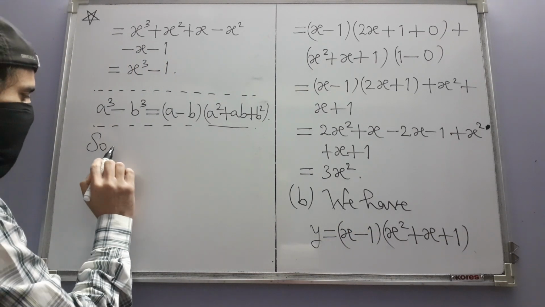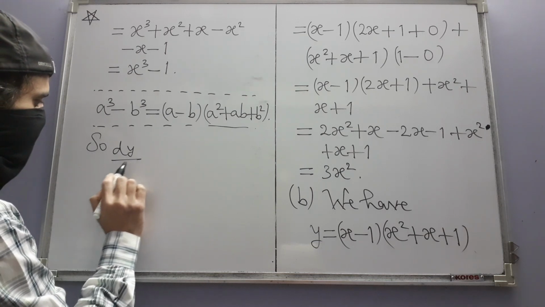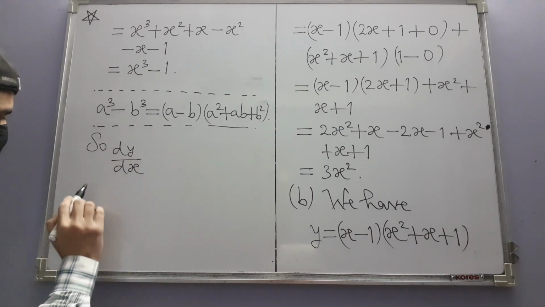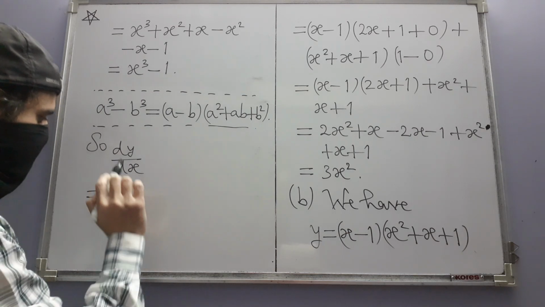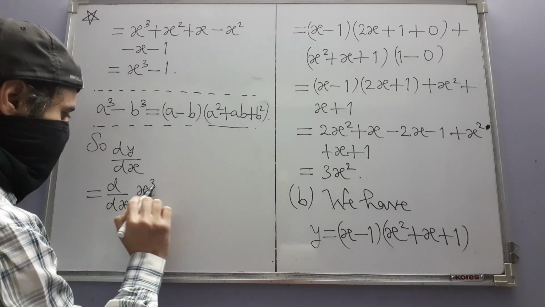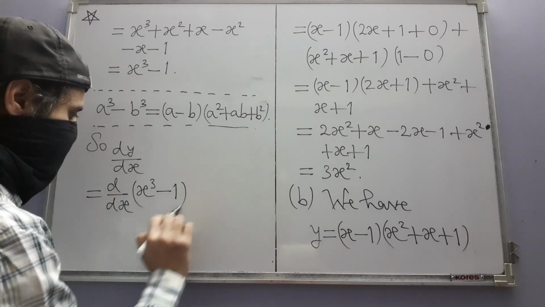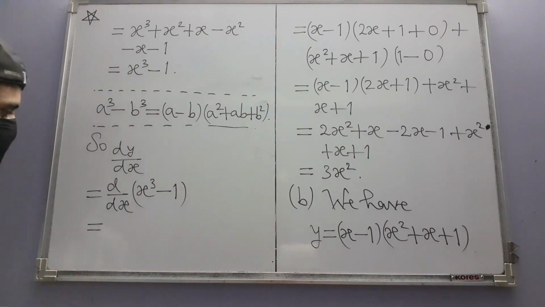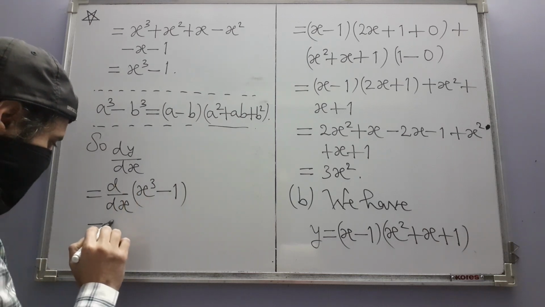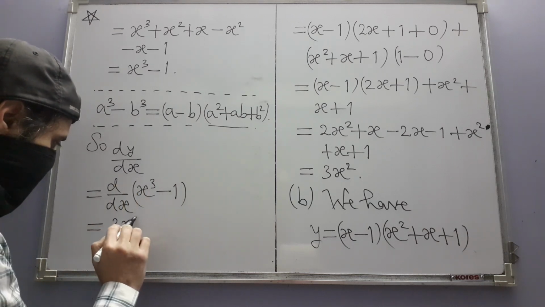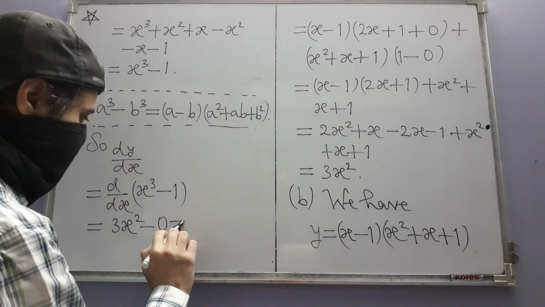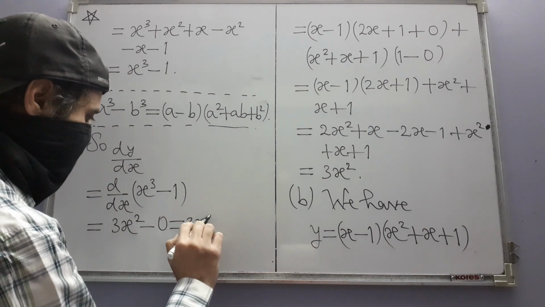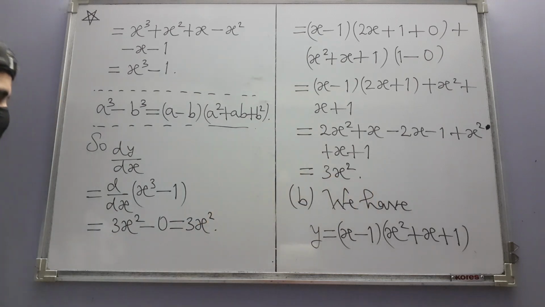So now dy dx is the derivative of x cube minus 1. So now the job has become really easy. When you differentiate x cube by the power rule, you get 3x square. Differentiating 1 gives you 0. So you get 3x square, which is just the previous one.